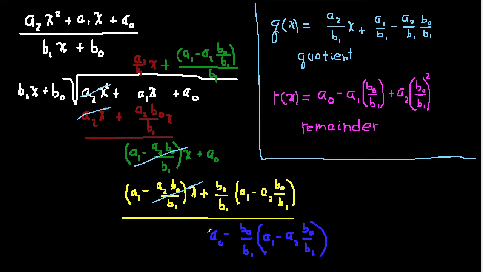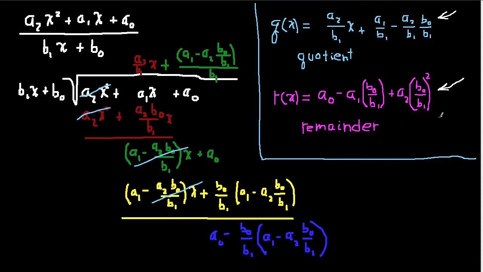So this is what I get when I do this whole synthetic division, where I get this up here as the quotient, and I get this whole thing down here as a remainder, which I've rewritten up in here, where I say, okay, this is the quotient term right here, and this is the remainder term.